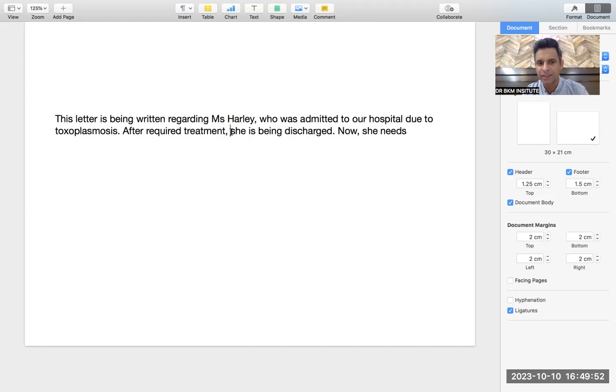Normally in the letter, this would be given that she is better after treatment. So I would say after treatment, she is better. Then connectors will become so. So when I write so, that means that after treatment she is better, so she is being discharged. Therefore, she is being discharged. With a comma, you can use so.